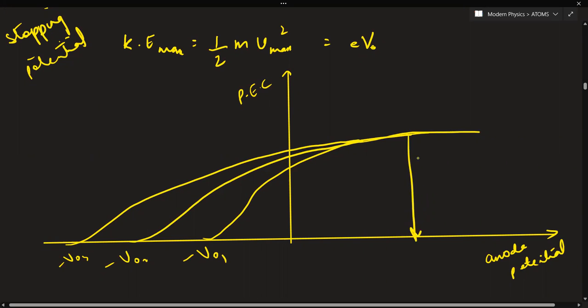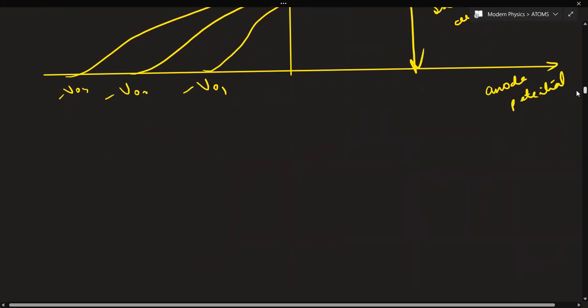This stable portion of photoelectric current is known as the saturation current.